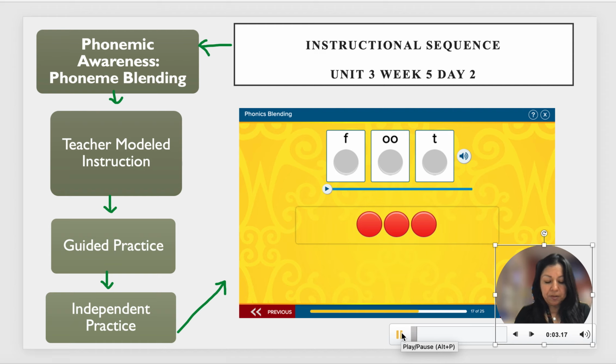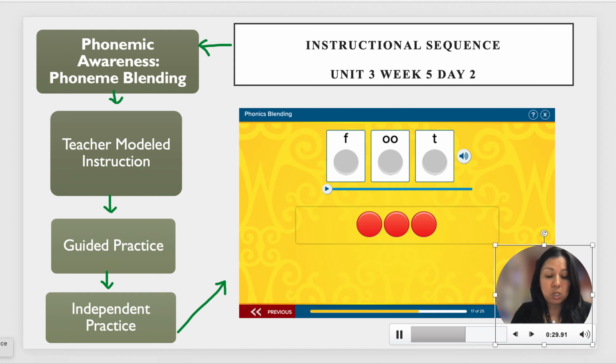This is another lesson within this instructional sequence, Unit 3, Week 5, Day 2. Here we continue with phonemic awareness and phonics instruction to teach students how to blend sounds or phonemes. In this example, you can see a digital board that provides students with directives, sound playback, and visuals.